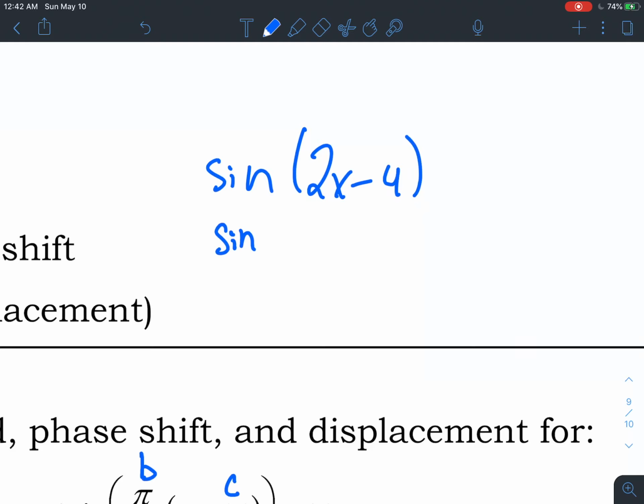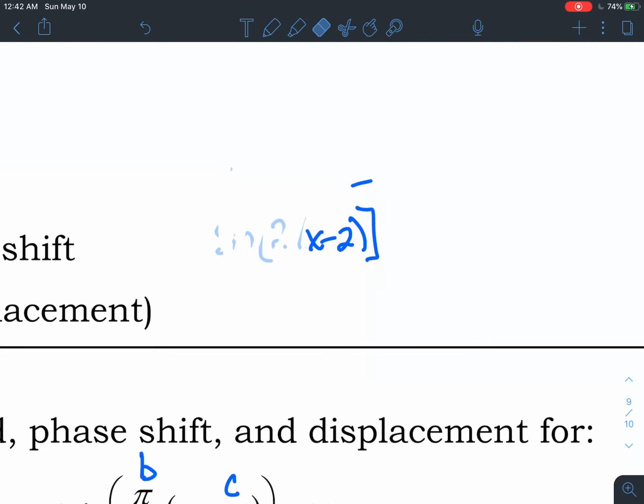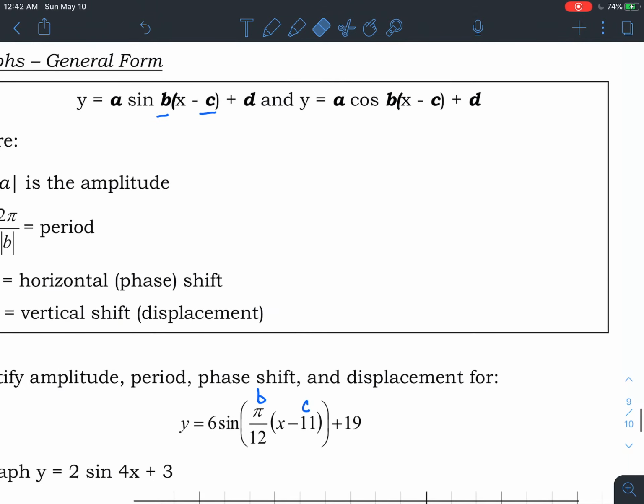So it actually would be written as sine of 2 times (x minus 2), and I could even use brackets if I wanted to, like I did for this first example. But that's how we'd have to have it situated. I don't usually have them that way. If I do have both of those things happening at the same time, it's going to be factored for you already. Just something to be aware of in case anyone sees those moving forward. Very unlikely in this class.